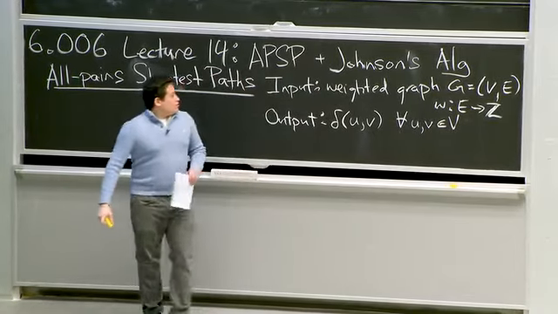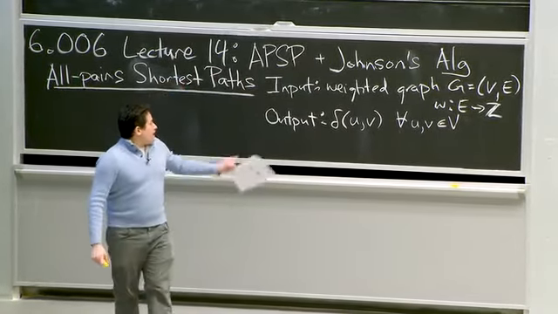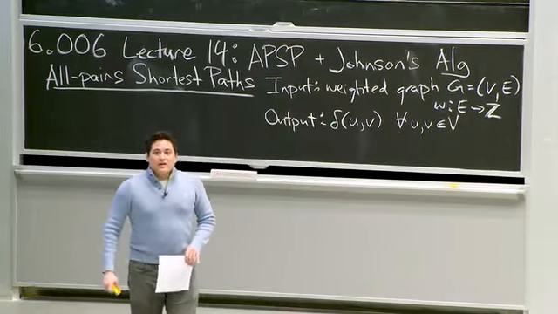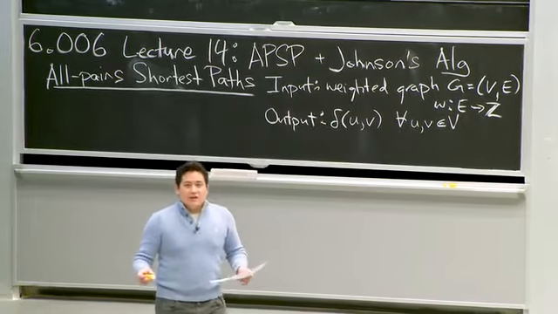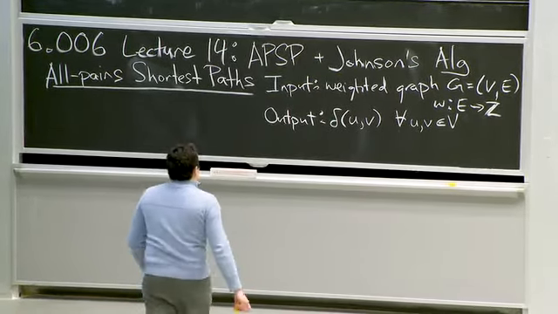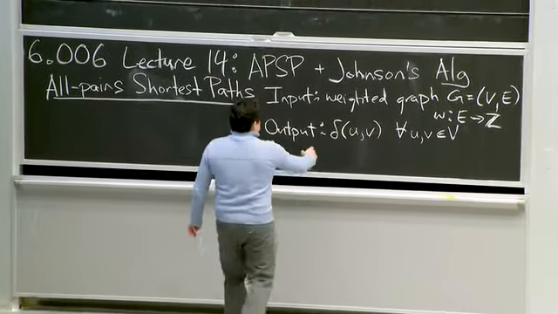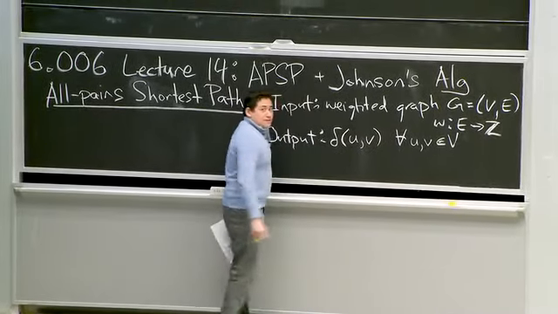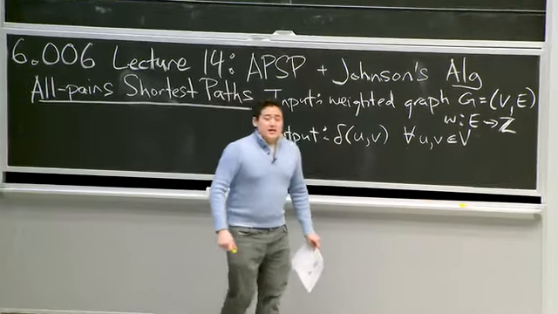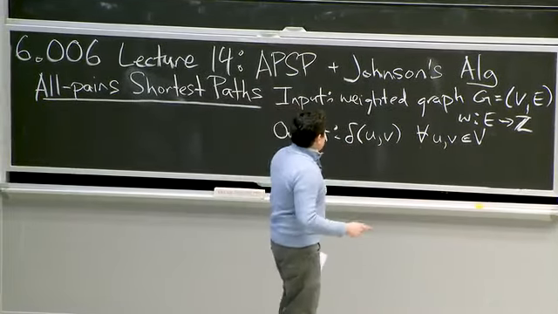Now, there's one caveat here: if there's a negative weight cycle in our graph, in other words, if any of these delta(u, v) is minus infinity, there's a negative weight cycle in our graph.